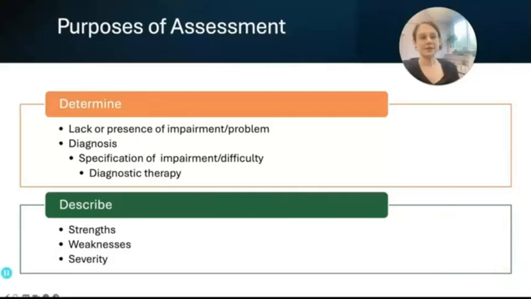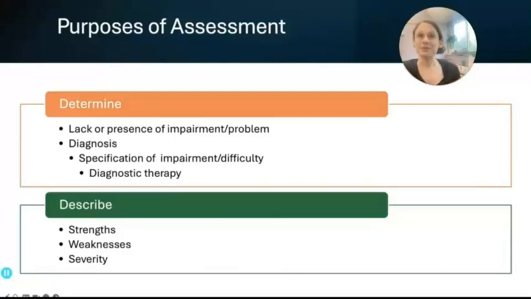If I'm doing a more formal assessment, then I'm really concerned with getting a diagnosis. I want to specify or characterize the impairment or problem in a great deal more detail. I might do some diagnostic therapy where I have the patient do different kinds of communication tests. Specifically, if I'm talking about something like voice, maybe I want to see if their voice can be improved by certain exercises that we might do, and that gives me an idea of what might be helpful to them in the future, and maybe the nature of their problem in the first place.